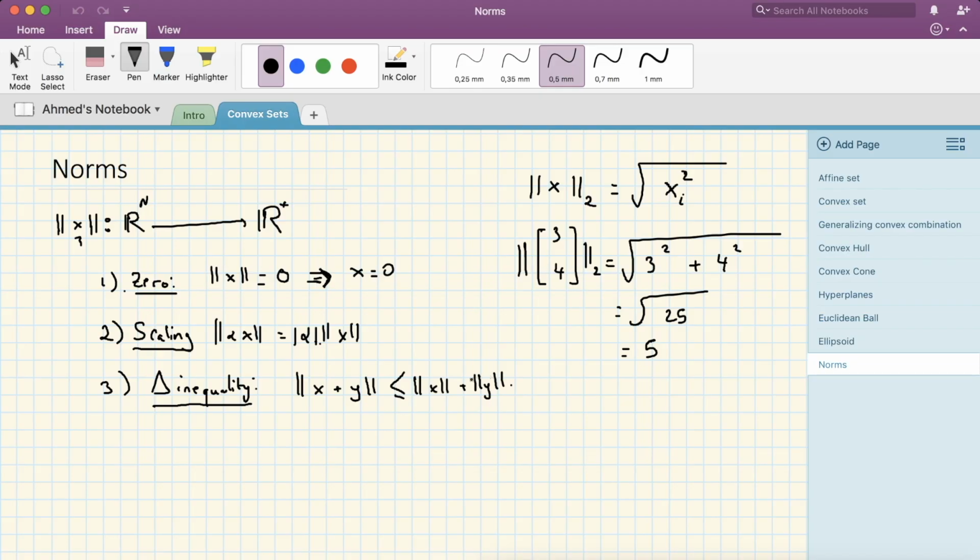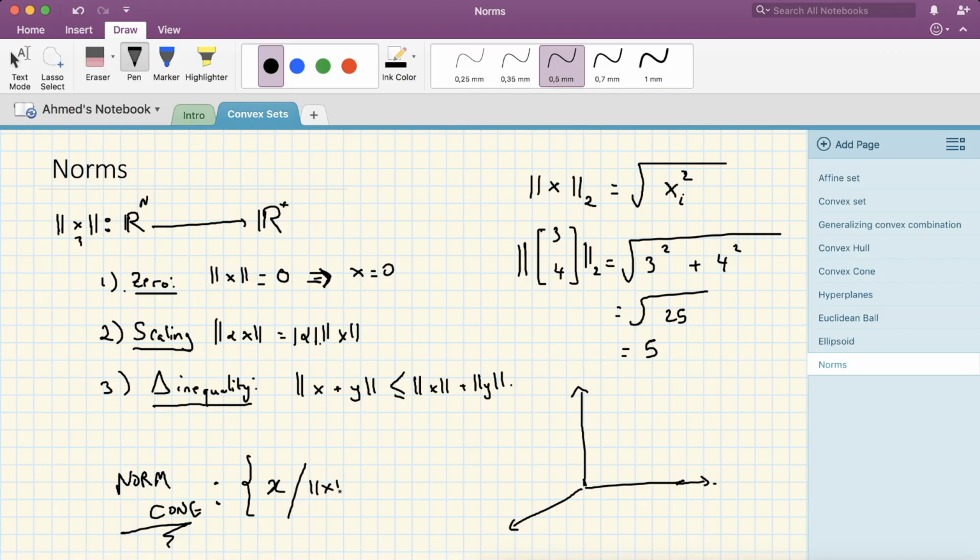Another simple example of a convex set using norms is a norm cone. It's a cone, a norm cone. So if I draw a cone in 3D, you can define it using sets as follows. A norm cone is all x's such that your Euclidean norm is less than a certain level alpha, or let's call it a radius, because it makes more sense.